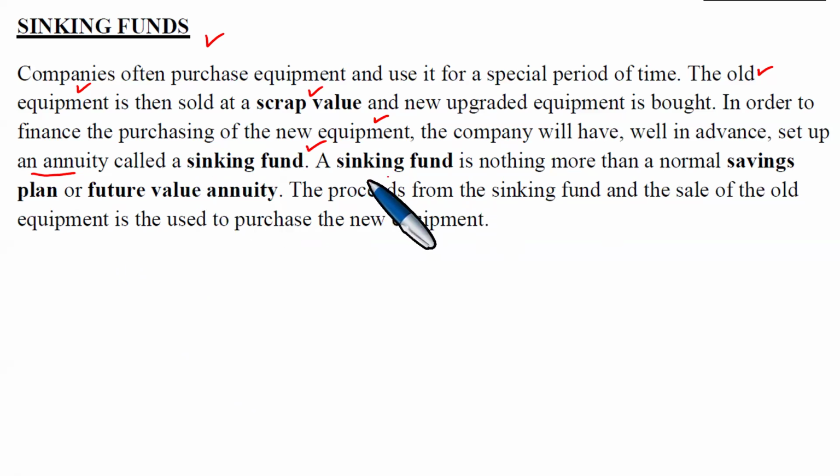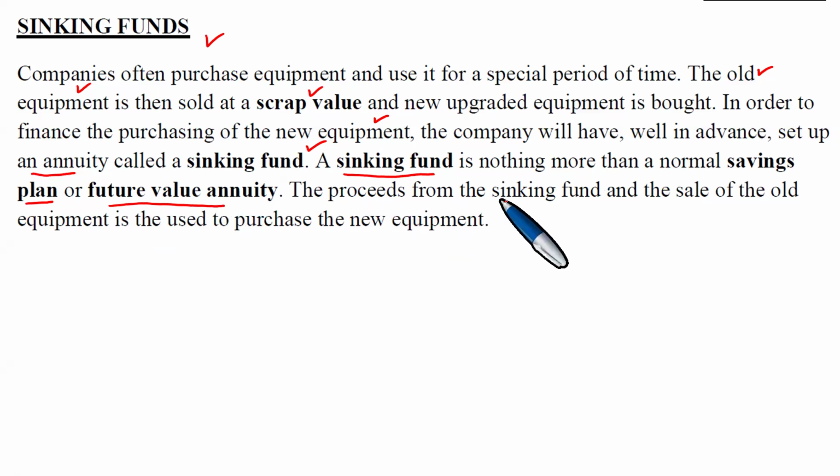A sinking fund is nothing more than a normal savings plan or a future value annuity.